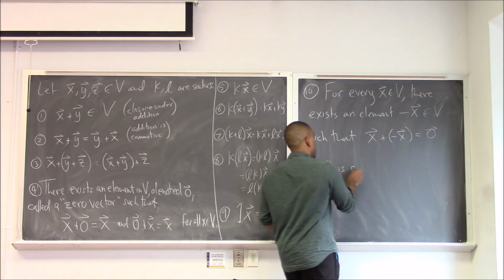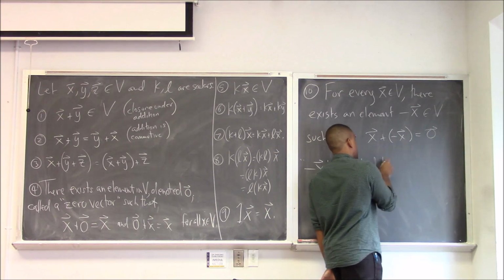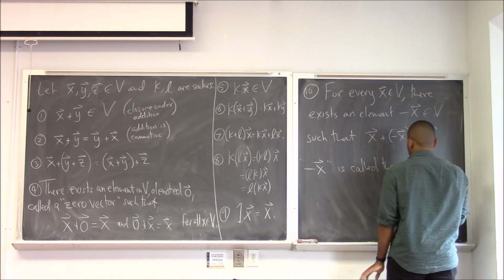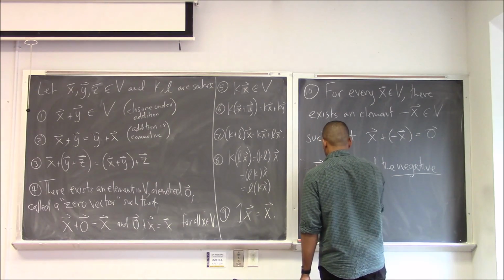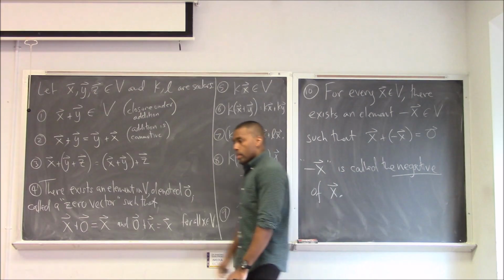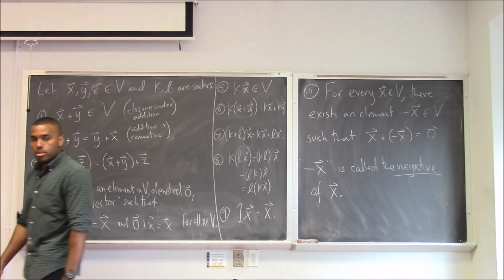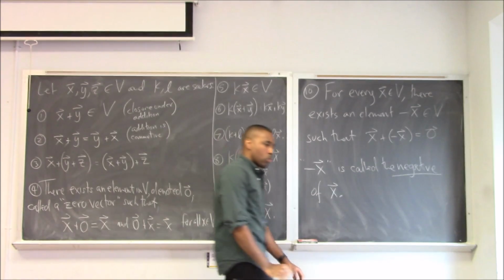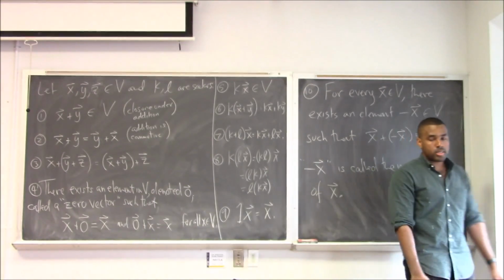Minus x is called the negative of x. These 10 properties worked on vectors as you know them in Calc 3. And these 10 properties are what we define to be a vector space.